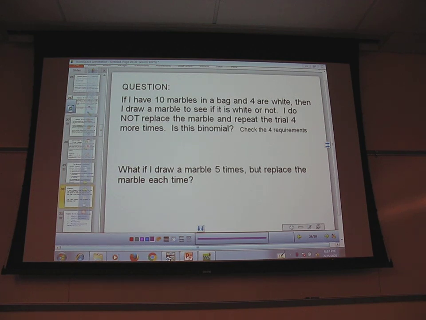Do you guys remember the deck of cards? I had 5 cards, one's an ace. This is not the rigged deck, this is the other deck.